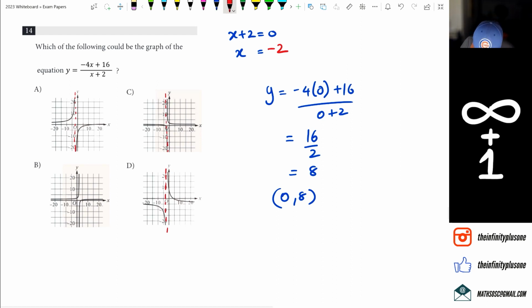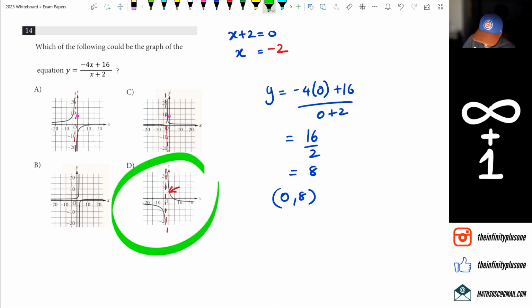If you look at 0, 8, the only one that's remotely close is this one here, because 0, 8 is somewhere here. So I'm going to be going with D for this question.